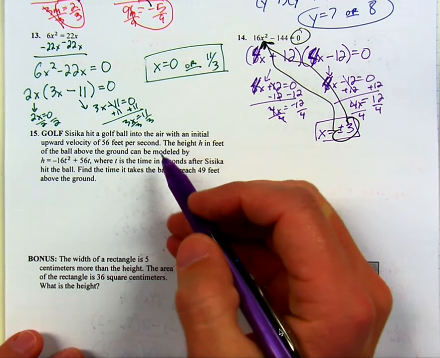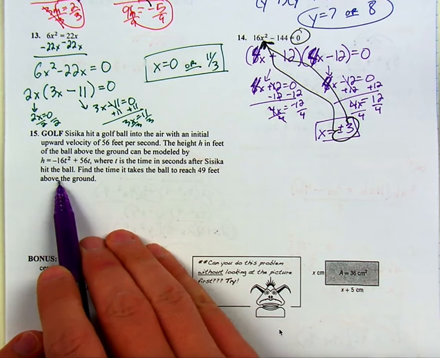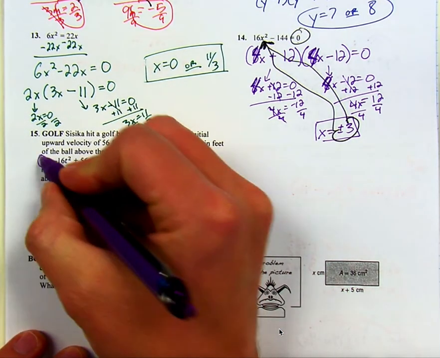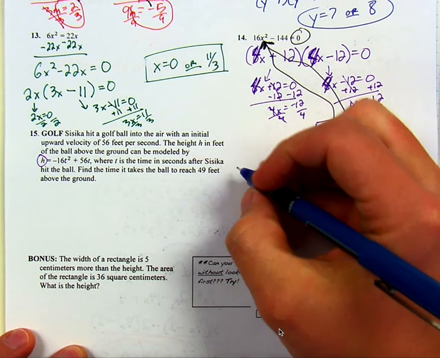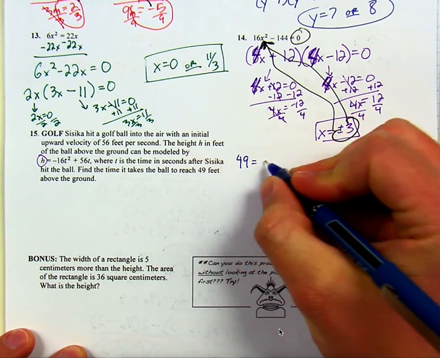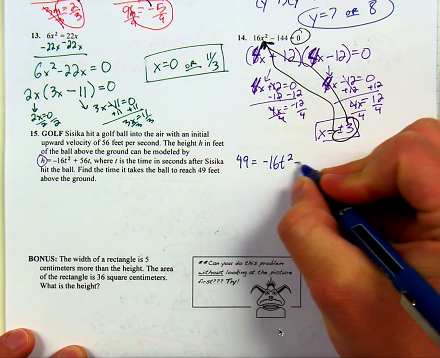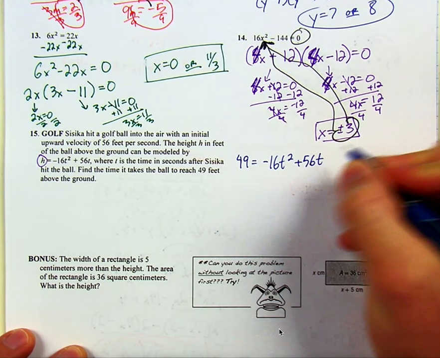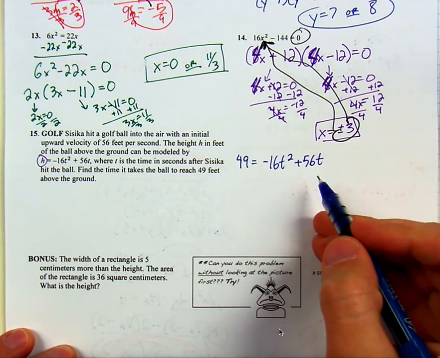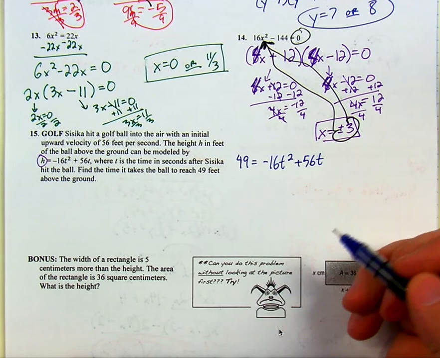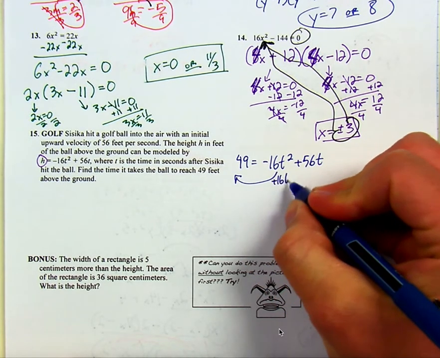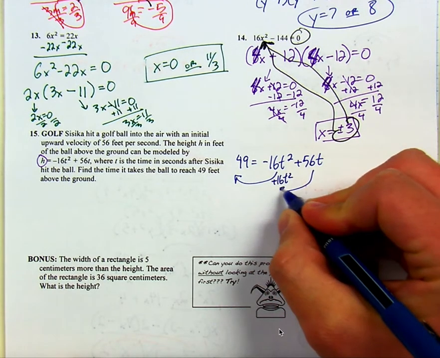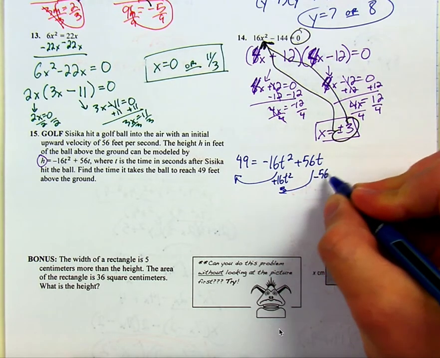So 49 feet above the ground is a height, so I'm going to put 49 right there. So I'm going to put 49 equals negative 16t squared plus 56t. Then I'm going to get the 0 that I want by moving this over here by adding 16t squared and moving this over there by subtracting 56t.